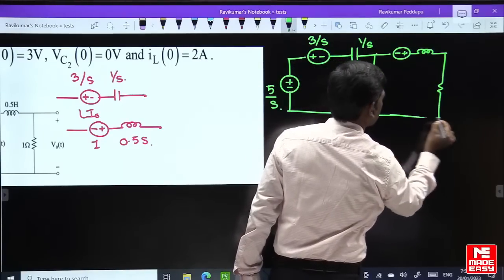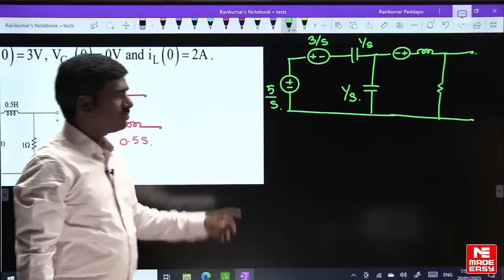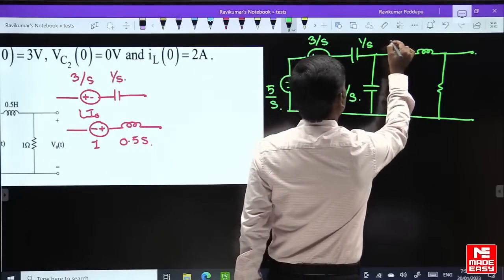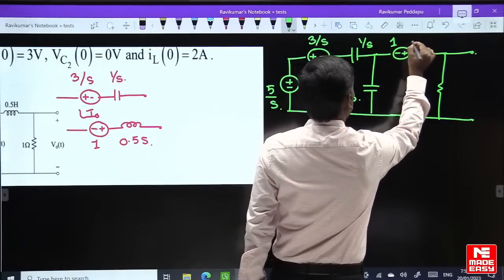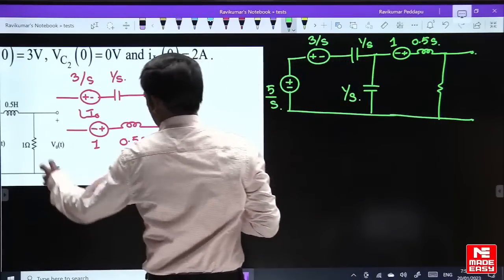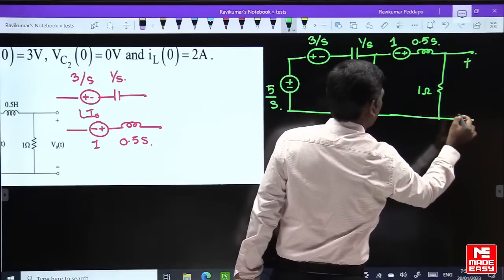Resistance is a resistance. After applying the Laplace transform, this is the circuit diagram. This value is 1, the inductor value is 0.5 S, and the resistance value is 1 ohm. V output of S.